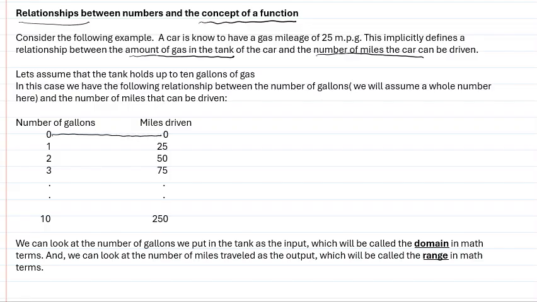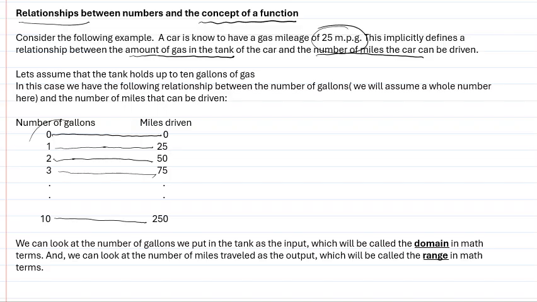If we have 1 gallon of gas, we're going to go 25 miles because of the miles per gallon, and we're going to assume that's precise, okay? We don't want to get picky here. If I have 2 gallons in the tank, that's going to get me 50 miles, 3, 75, and then finally, if we keep going, 10, 250 miles.